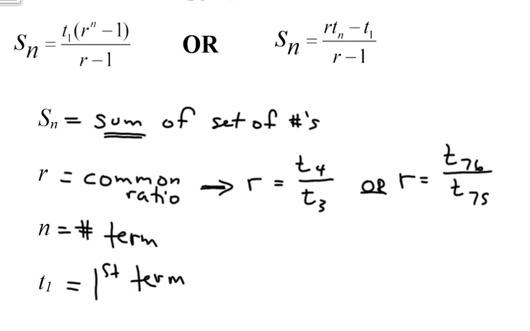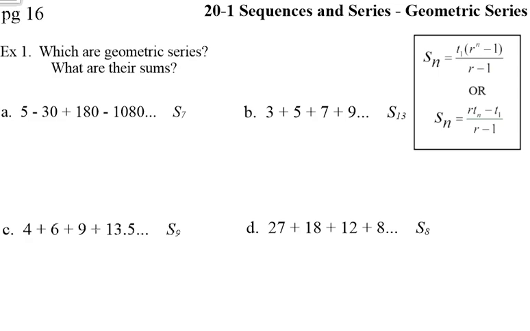The big difference, though, is that in the second equation, we have to know the last term. If I want the sum of the first 73 values, we have to know term 73. If we don't know what the last term is, then equation 1, because equation 1 just utilizes term 1, the common ratio, and the number of terms. The big thing here, when we start to work with fractional values, is effective, productive use of our calculator. So we'll see that in a couple minutes.